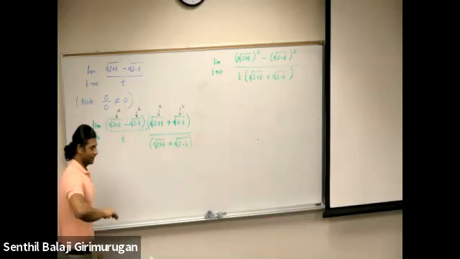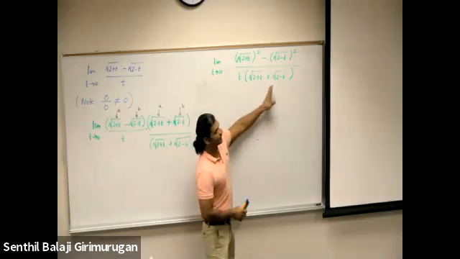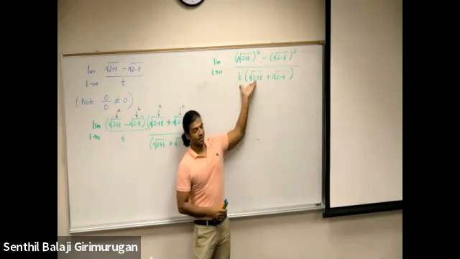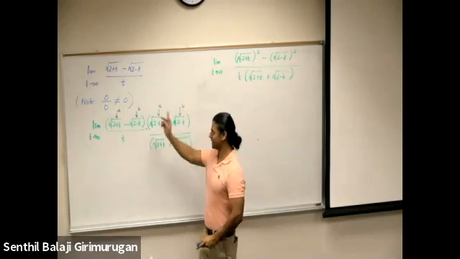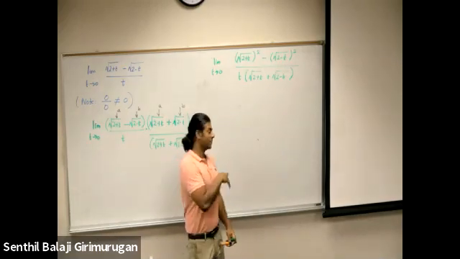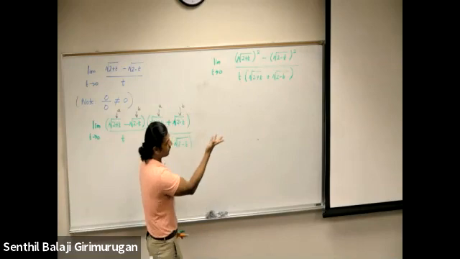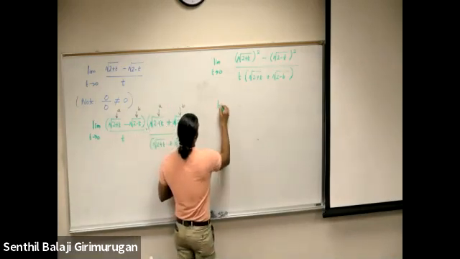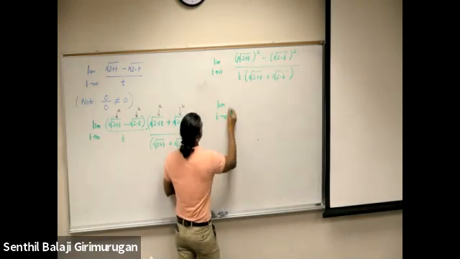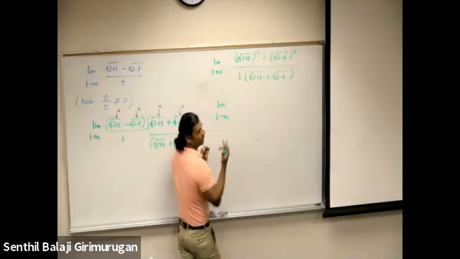Oftentimes, I have seen students plug in the limit at this step. But if you do it at this step, you end up getting the same answer, 0 over 0, right? So be patient and see what happens to the numerator.